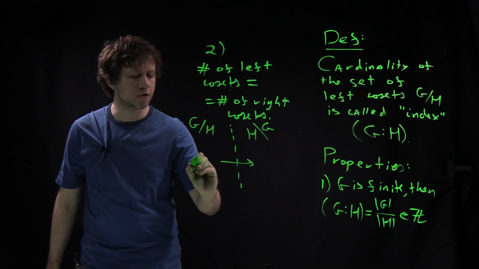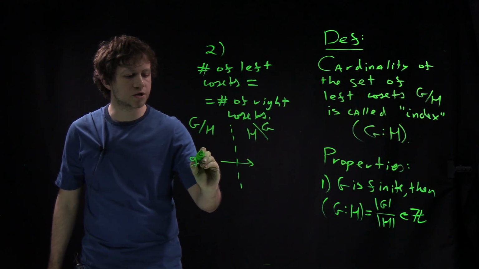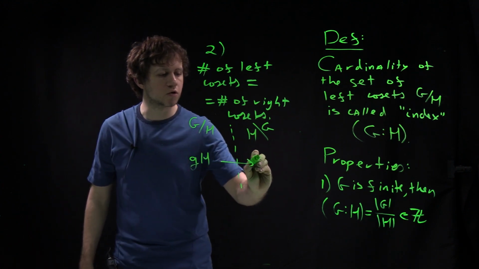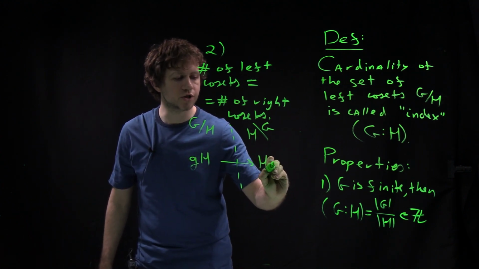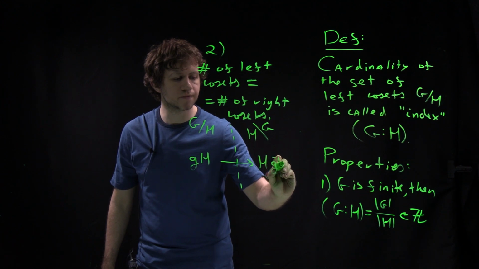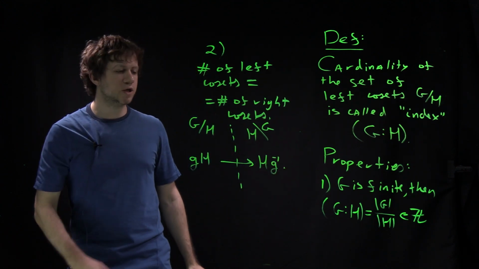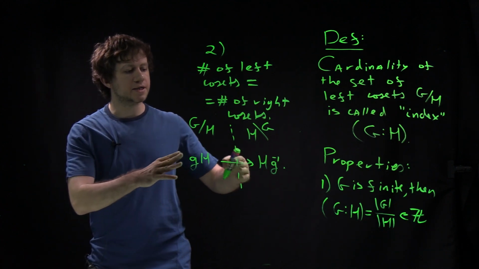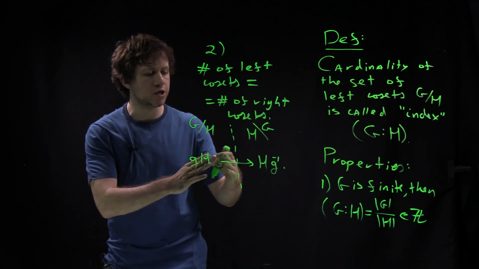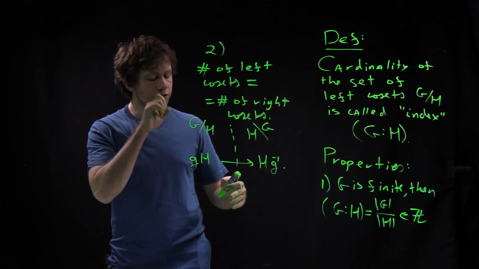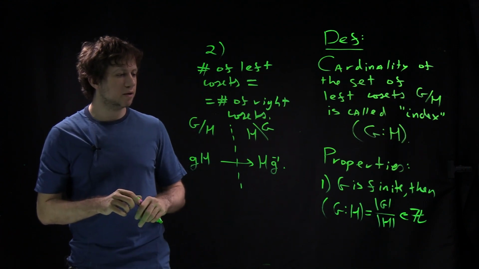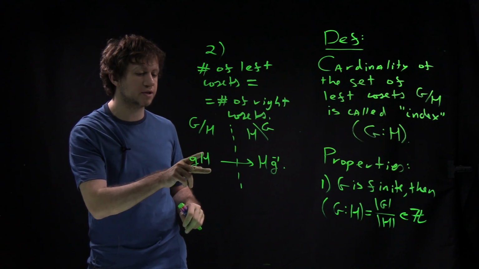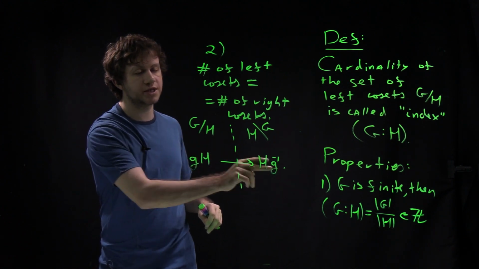I take the coset gH and send it to the coset Hg inverse. You might wonder why I use g inverse. If I just send gH to Hg, it will not be a bijection, because two elements can be equivalent on one side but not on the other.